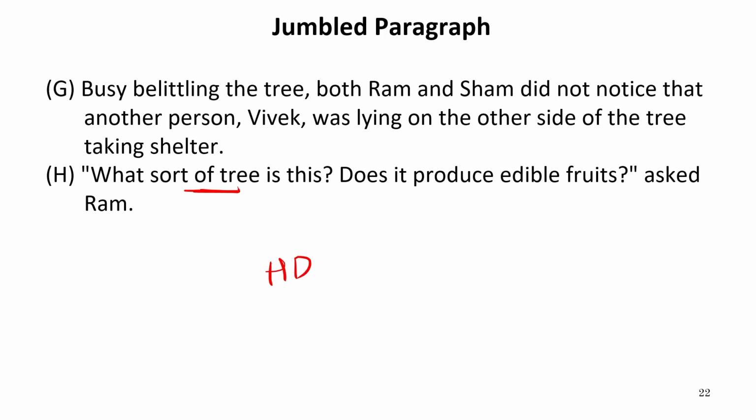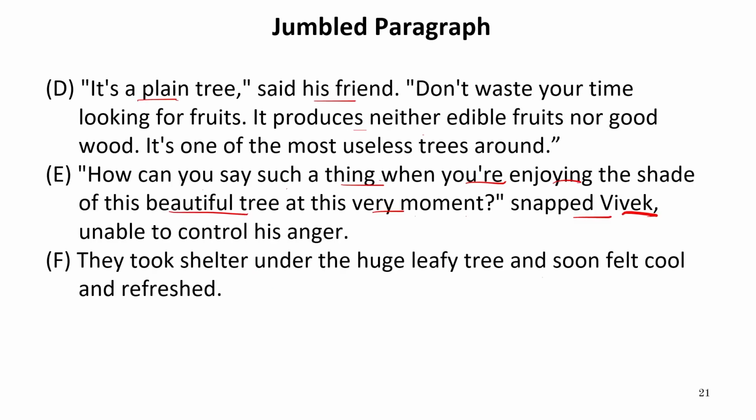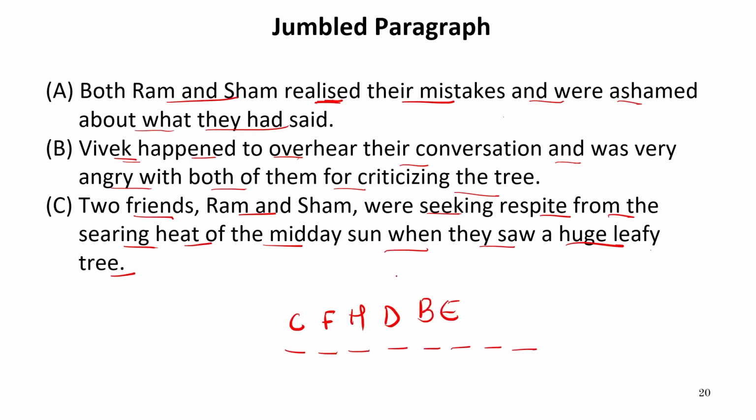And let us see another. Busy belittling the tree, both Ram and Sham did not notice that another person, Vivek, was lying on the other side of the tree taking shelter. Now in this sequence we can see after B, in sentence B it is written that Vivek happened to overhear the conversation.